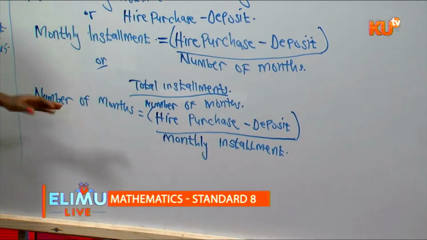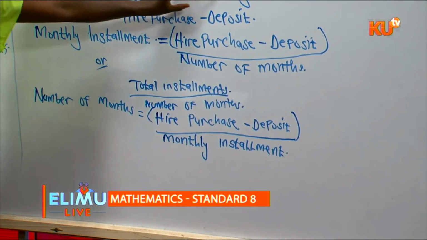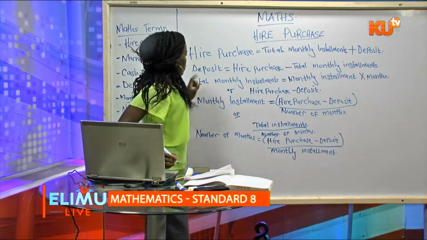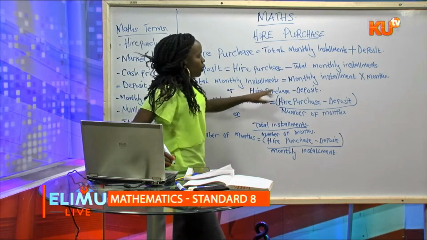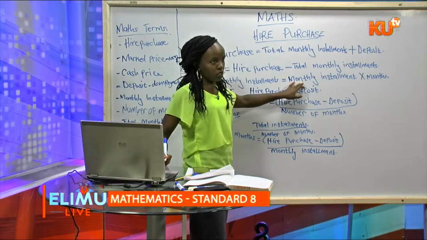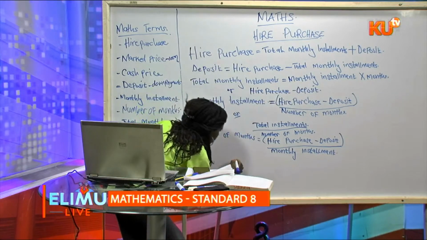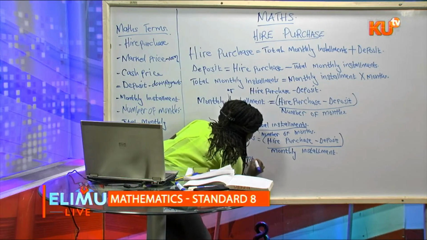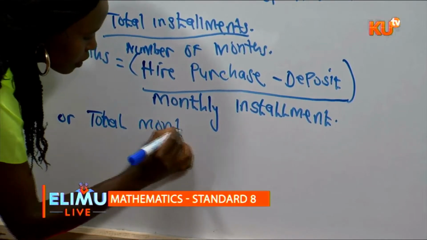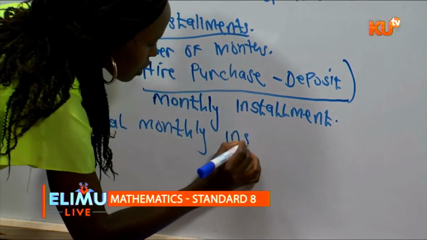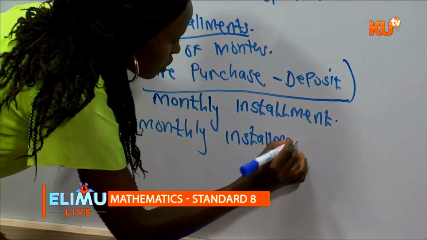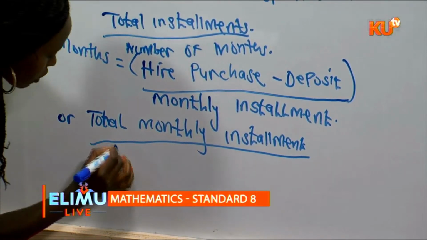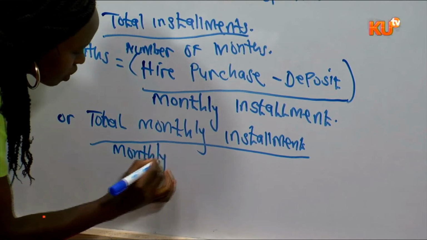Very good. Using the other statement, we can still get the number of months, whereby we take the total monthly installment and divide by the monthly installment.